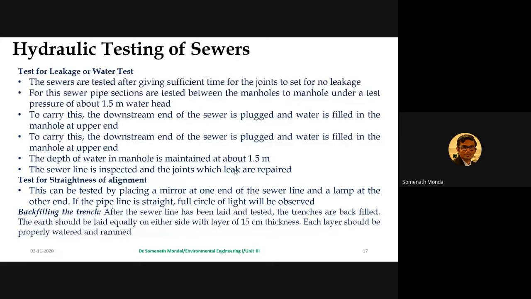Otherwise, there will be a difference in the lateral pressure, which can create some problems in the sewer pipes. And that earth should be filled in layers about 15 centimeters in thickness. Each layer should be properly watered, tamped and rammed to achieve uniform density throughout.